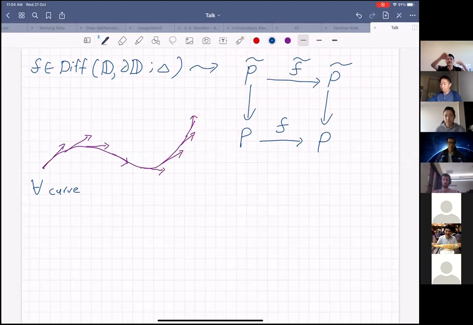Because you already have a fixed lift on your boundary, if you extend it, it should be unique.